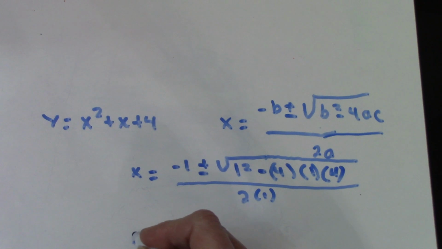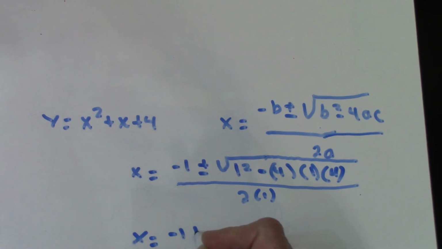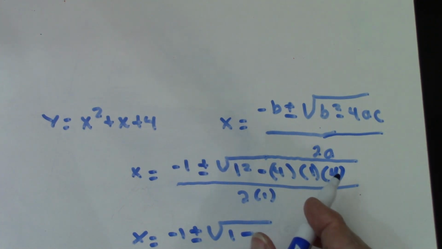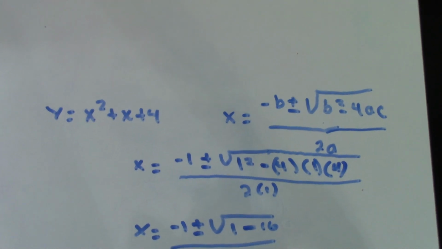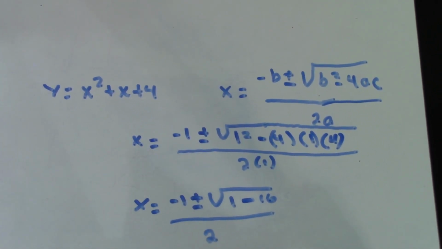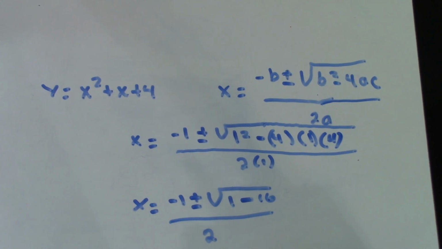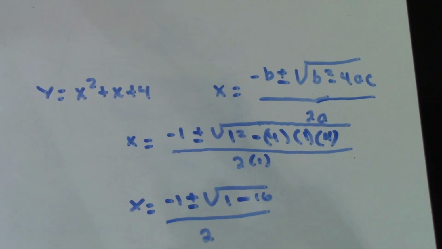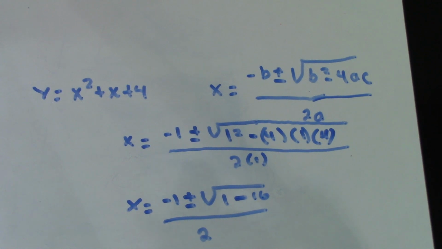So we have that the x value is negative 1 plus or minus the square root of 1 minus 4 times 1 times 4, which is 16, all over 2. So what we have here is that the roots are x equals negative 1 plus or minus the square root of negative 15 over 2.